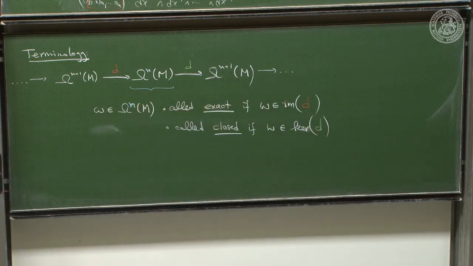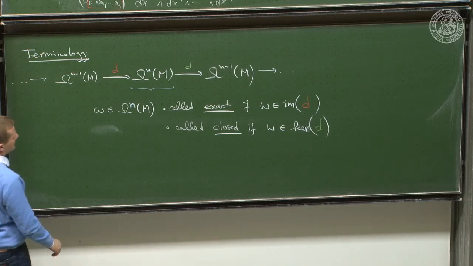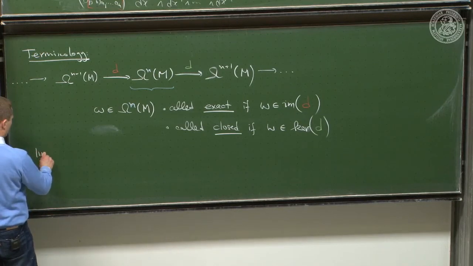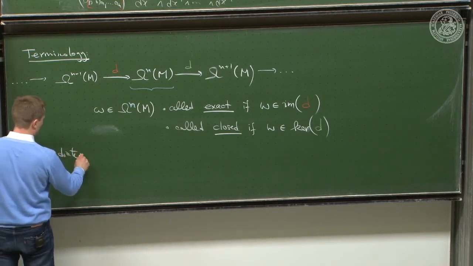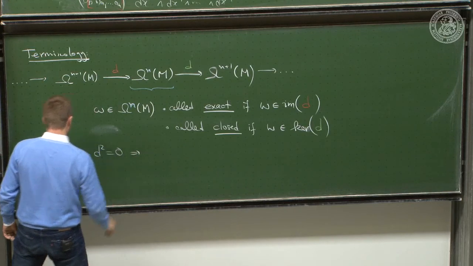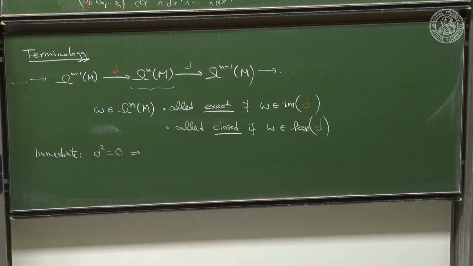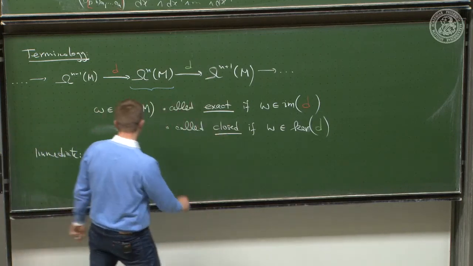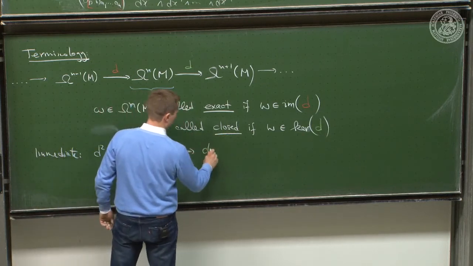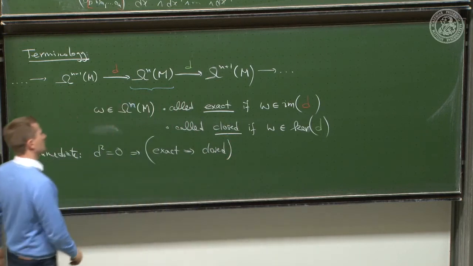So in general, a form will be neither exact nor closed, but those that lie in the image are called the exact forms, and those that lie in the kernel are called the closed forms. Well, it's immediate that d squared equals 0 implies, or rather here, image d in the kernel means every exact form is closed.